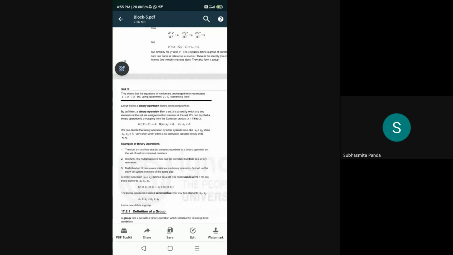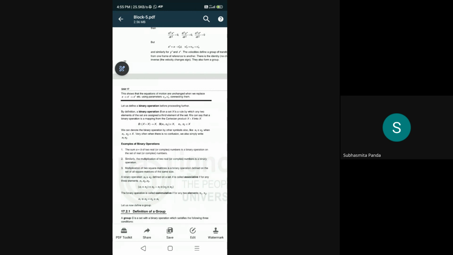And a binary operation B on a set X is a rule by which any two elements of the set are assigned a third element of the set. So we can say that a binary operation is a mapping from the Cartesian product X cross X into X. The sum a plus b of two real or complex numbers is a binary operation on the set of real or complex numbers.